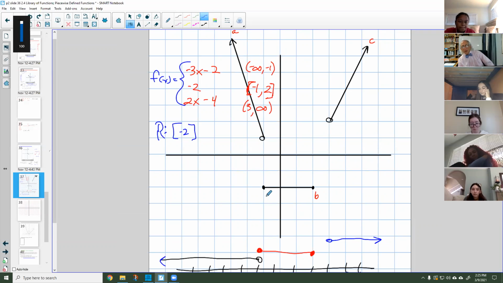And then I have a gap all the way until I get to +1, and +1 is not included. And then this goes all the way to infinity. It doesn't really matter that this one is here also because they both go to infinity. So that is what my range would look like.